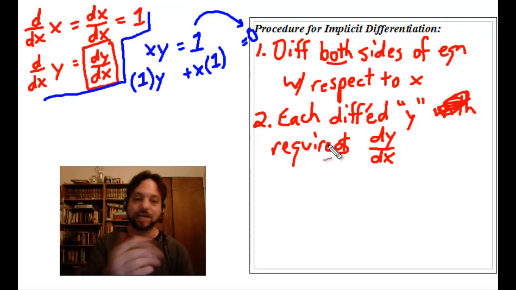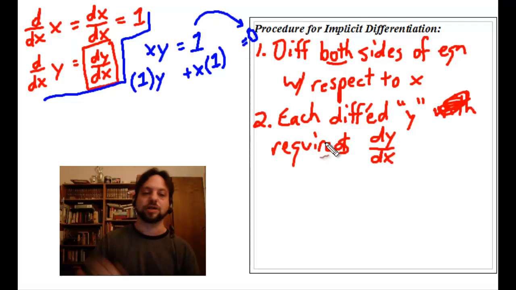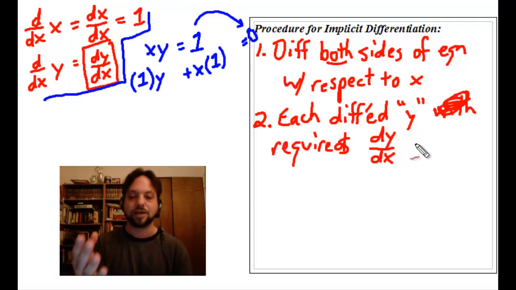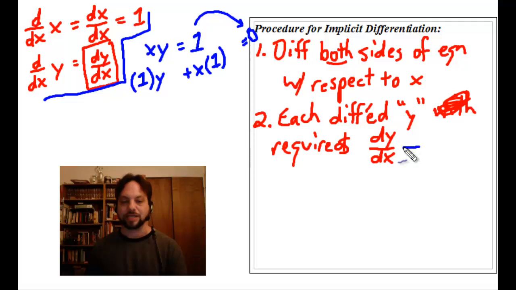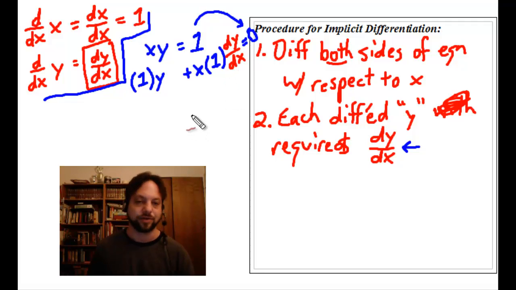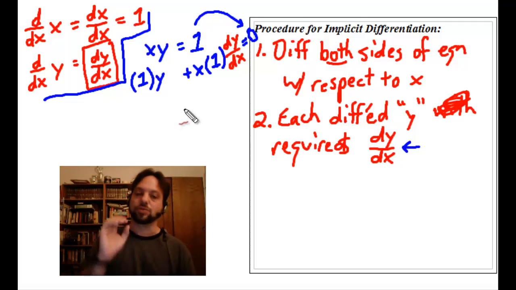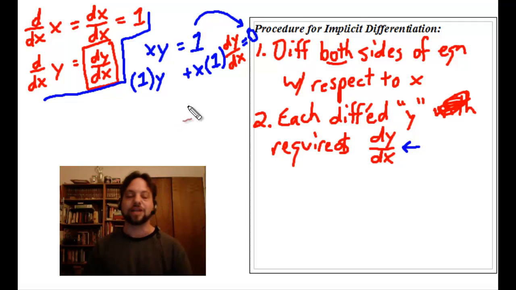We're differentiating x, the derivative of x is 1. It's all good. But when we differentiate y, the derivative of y is dy dx. So let's go ahead and add that in here. Here we differentiated x, so there's nothing to worry about. But here we differentiated the y, and for that reason, we're going to need a dy dx after it. So again, the first step, you just treat it like normal. Use the product rule, quotient rule, whatever you got to do.